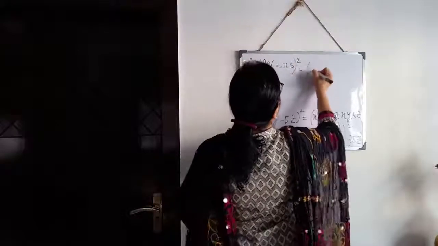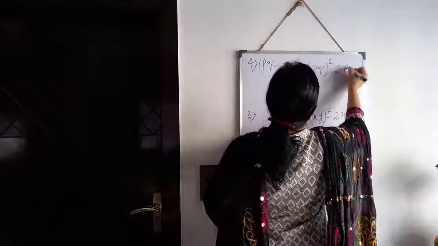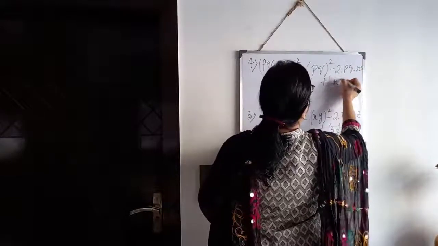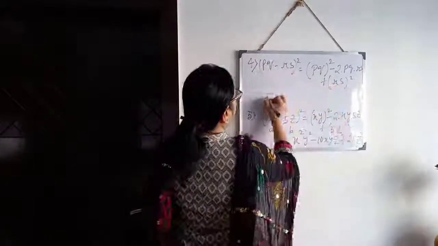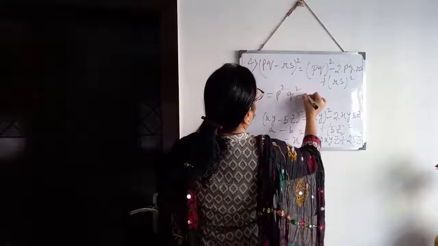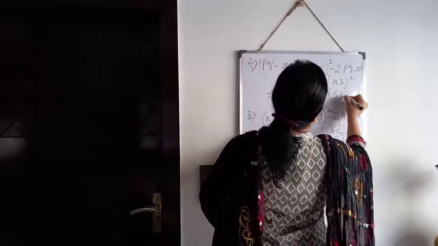So again I have to put it in that formula, a square minus 2ab plus b square. So when you open the bracket, it will become p square q square minus 2 pq rs plus r square s square.